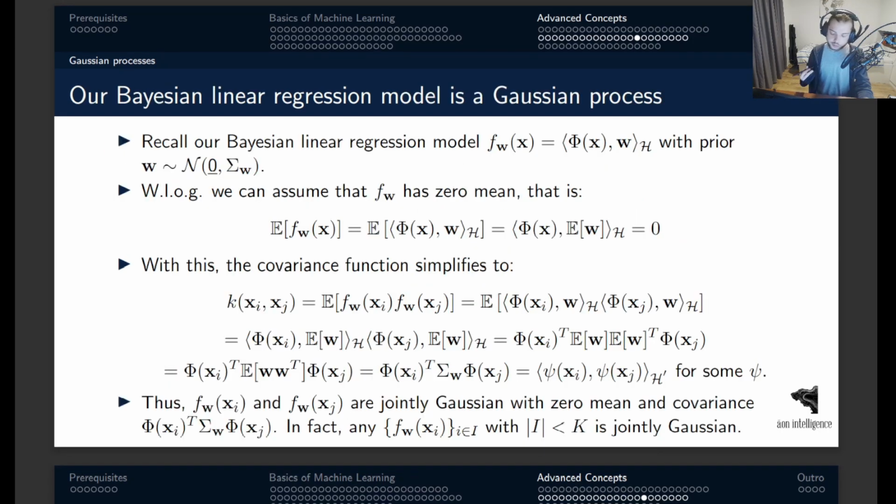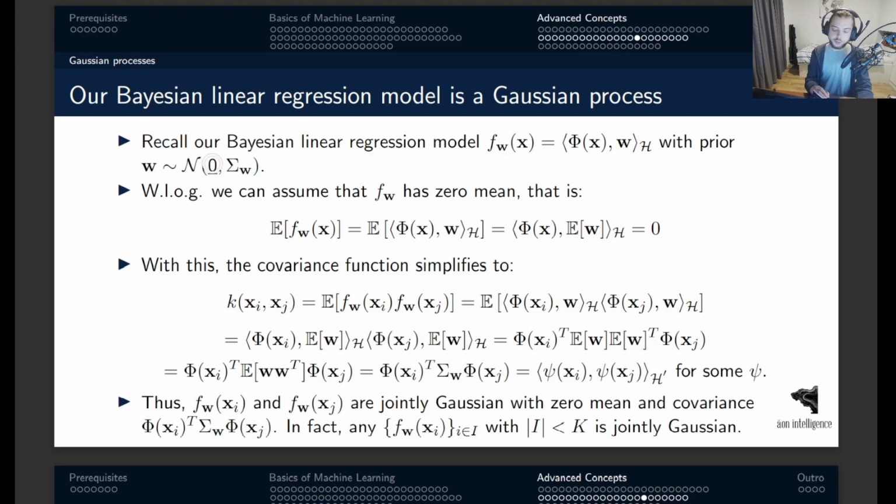So now I want to convince you that Gaussian processes are not new concepts that are unrelated to what we did before. I want to show that the Bayesian linear regression that we build towards in this lecture is a Gaussian process, right? And for this we had that our linear model is this bit here. It's the inner product of our feature map observation x and a parameter vector w. This parameter vector w comes from a prior distribution where we don't have access to observations x and y.